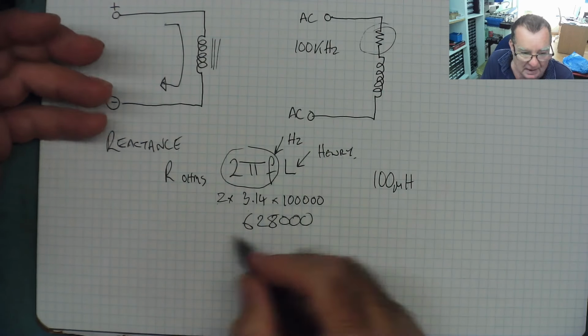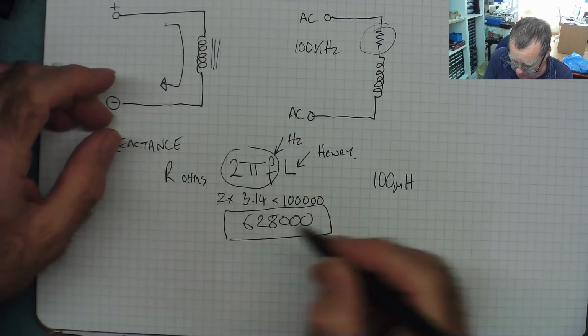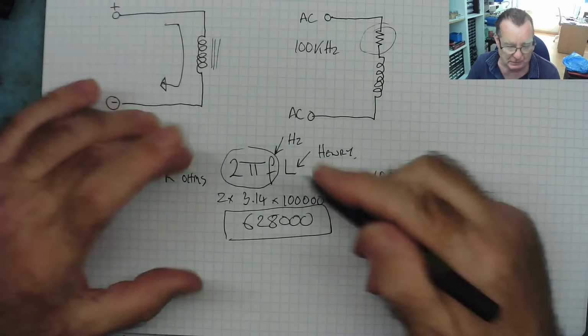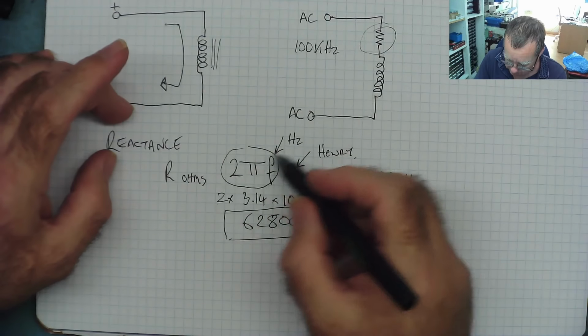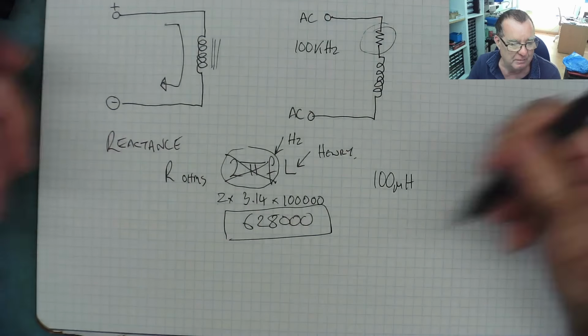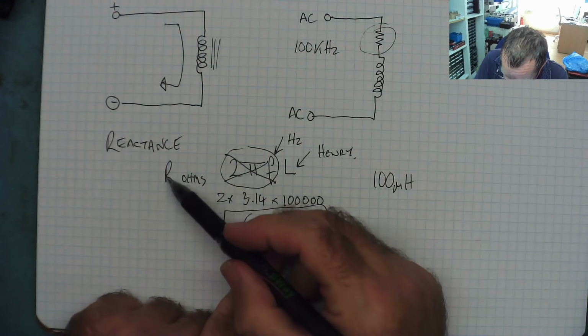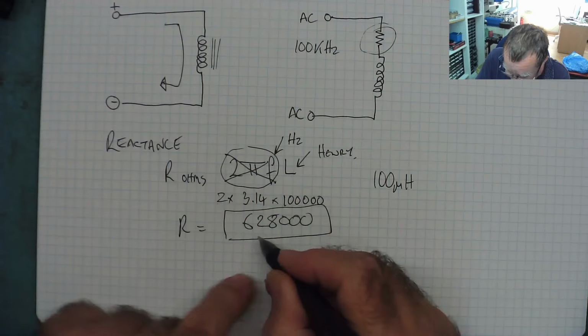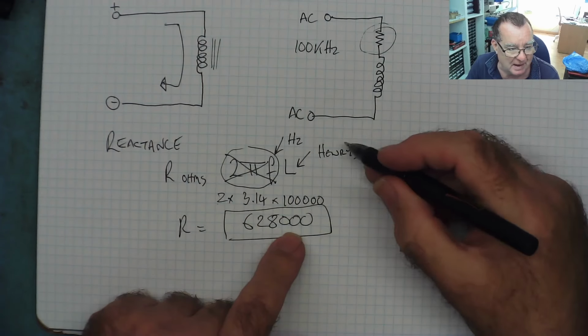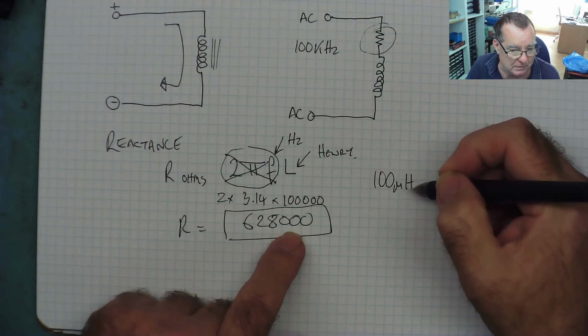And that's a constant. That's never going to change. It's always going to be 628,000. So we don't have to worry about 2 pi f. The resistance is going to be 628,000 times the inductance in henries.